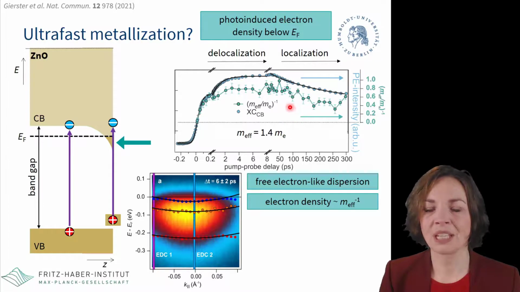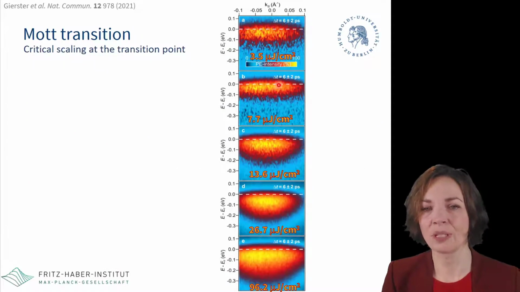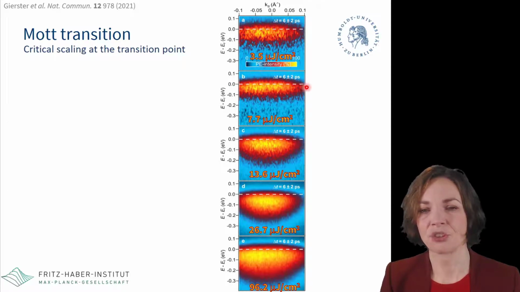And of course, we can also tune the electron density simply by changing the excitation fluence. You see that for low excitation fluences, we observe a flat feature in the angle resolved data, while for higher excitation densities, the feature becomes more and more parabolic.